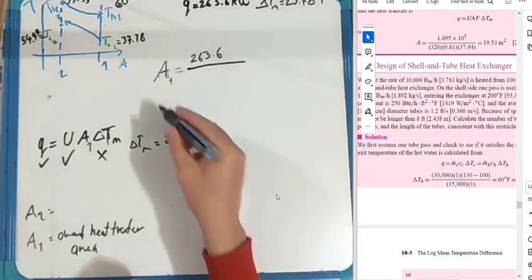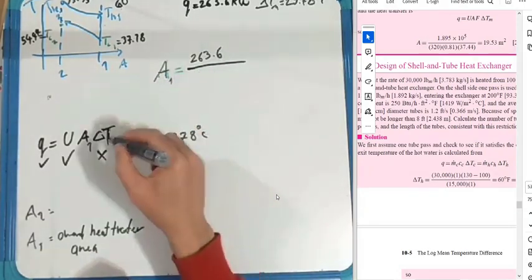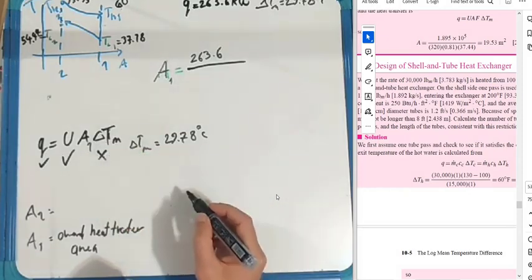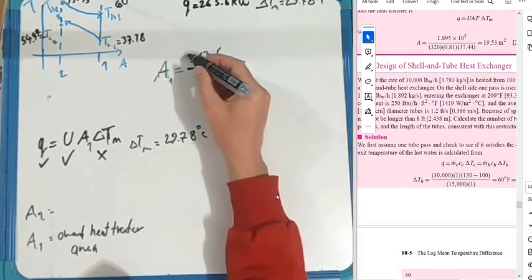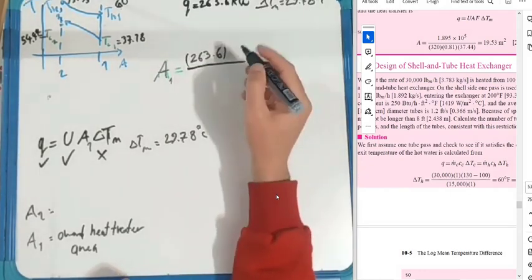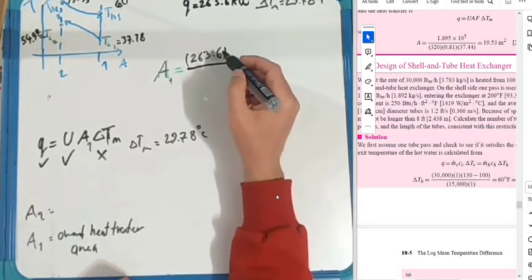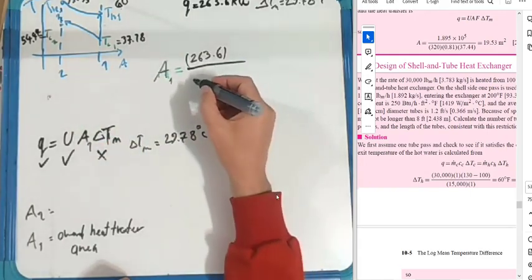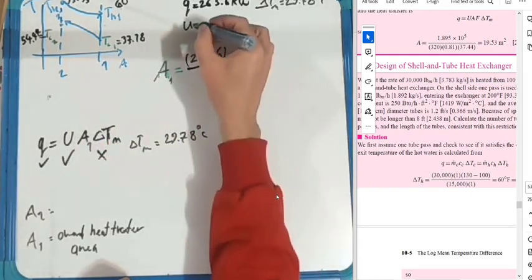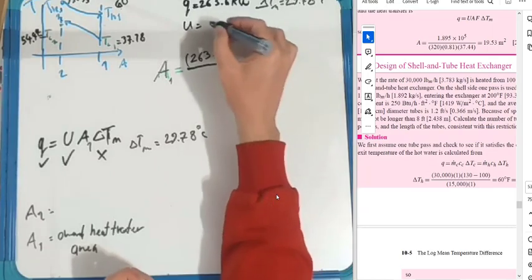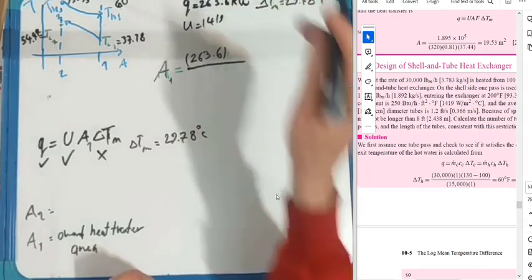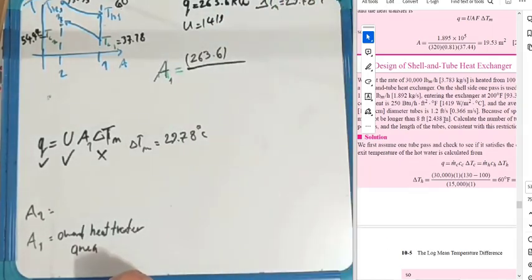I cannot complete this formula because I don't have delta T. Oh yeah, I found it here. Sorry, I made a mistake. I have delta Tm, so this is Q divided by U. What is the evaluated U? U was 14.19. You can see it in the example, 14.19.